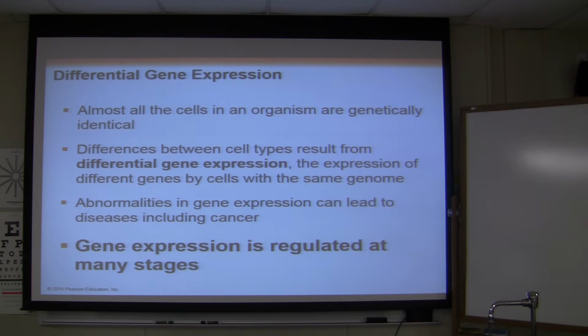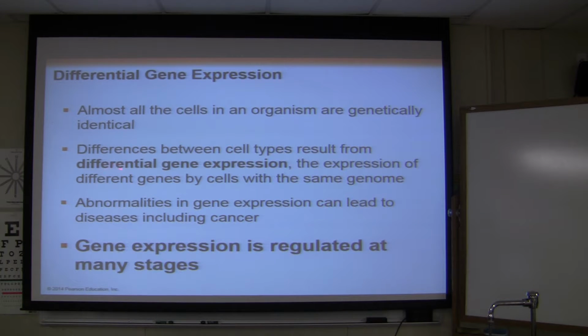And if your liver cells were making crystallin, they have the same DNA, the same genes, the same everything. Osmosis would be imbalanced inside your body and you would die within a day or two.